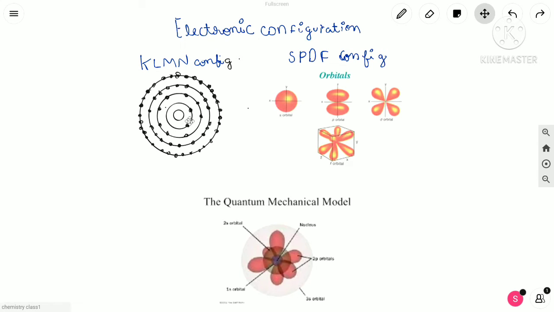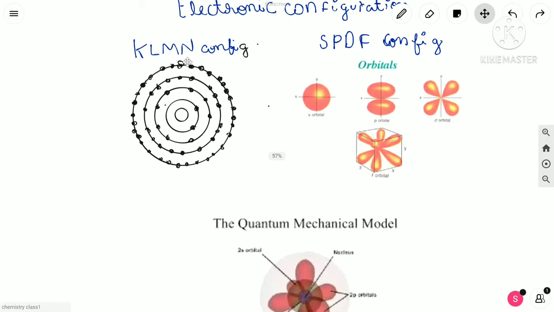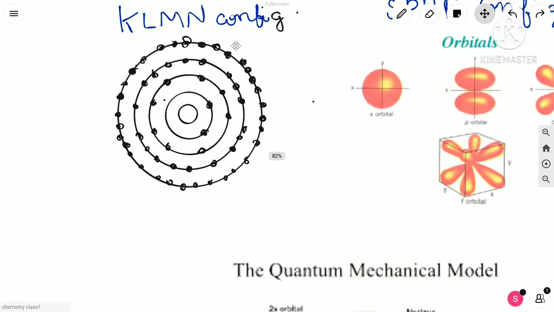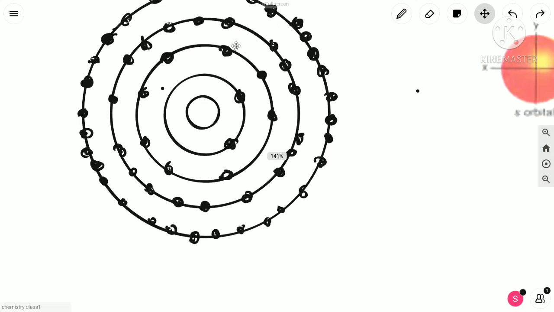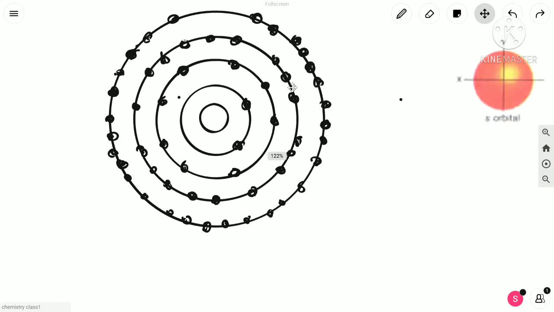We hypothesized that around the nucleus there existed energy levels in which electrons revolved around the nucleus, and these were circular in shape. That was an important part. The first energy level has the electrons with the lowest energy.